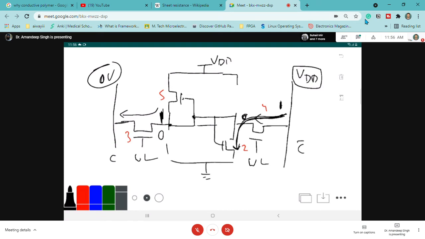It means if W by L of 1 is greater than W by L of 3, the same thing should be applied to the right hand side. Means W by L of 2 should be greater than W by L of 4, such that this write operation is not going to disturb this one.